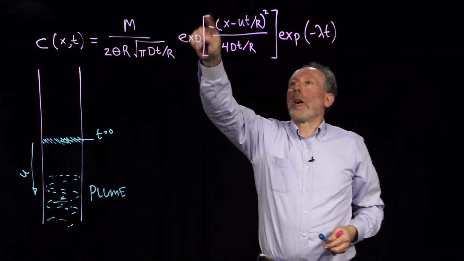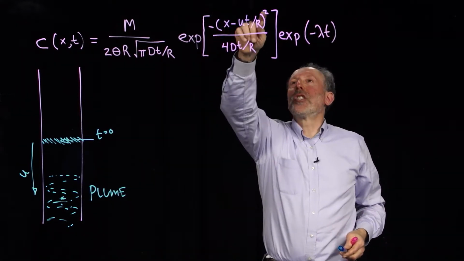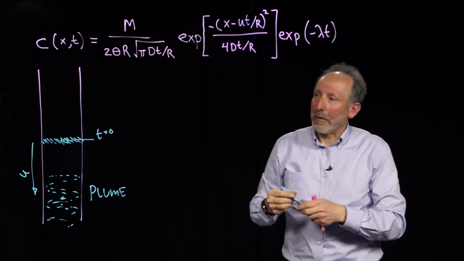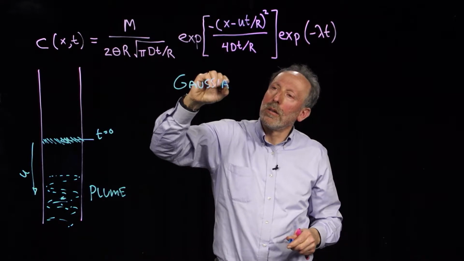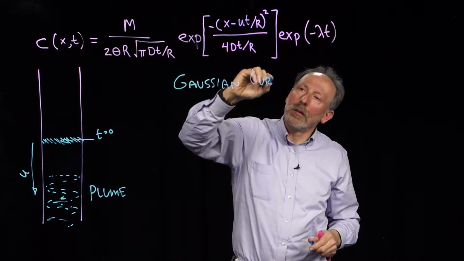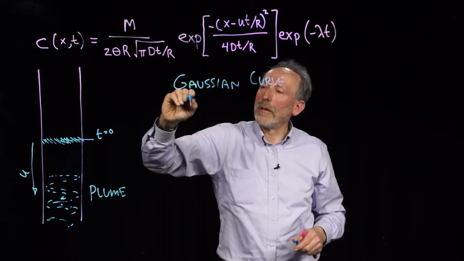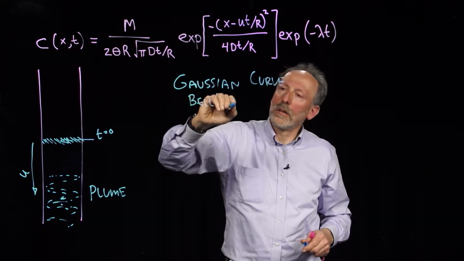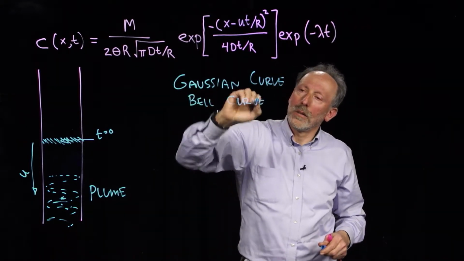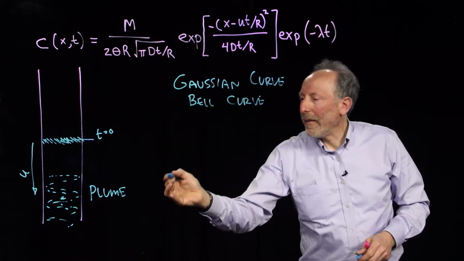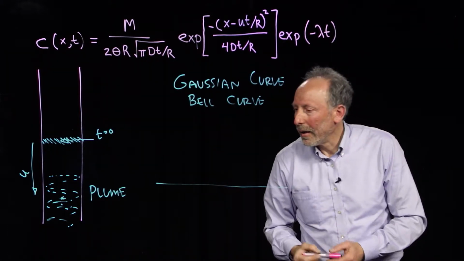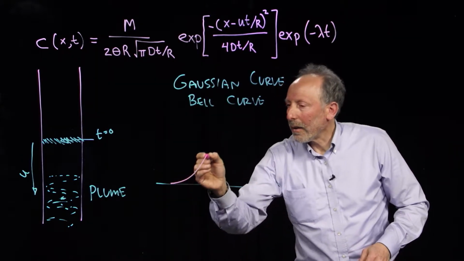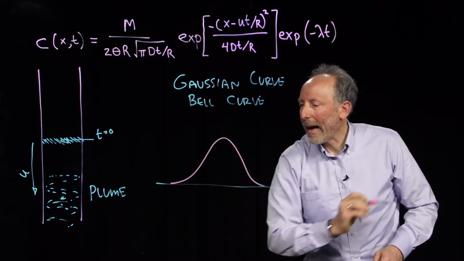This form, the x minus ut squared, is a Gaussian curve, or a bell curve. Okay, so we know that that is what's called the normal distribution, and so it's going to have a nice little form like that.